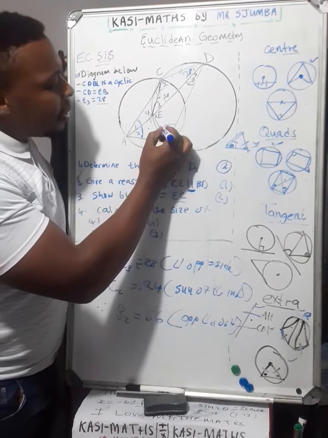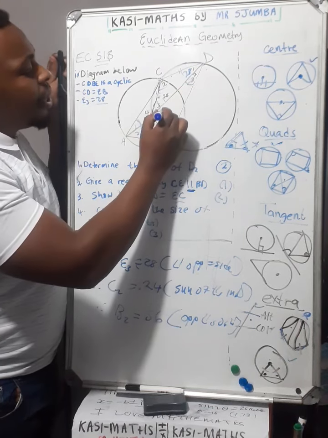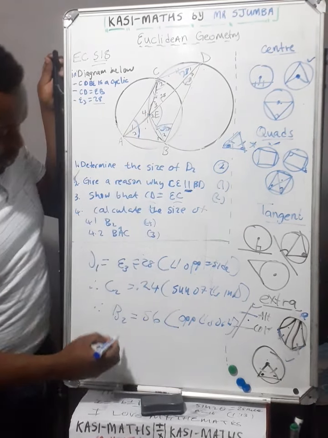Since this is 56, this is 28, we can calculate E2.